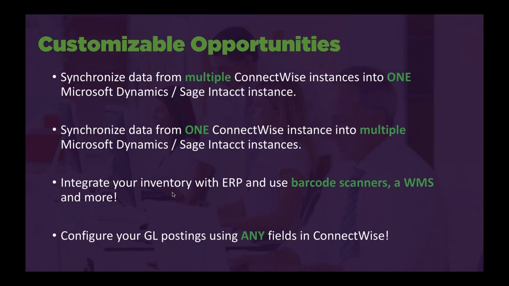And then configure your GL postings using any fields in ConnectWise. It's another big reason we get pulled in, because we have certain companies that want more flexibility than what ConnectWise offers in their GL postings. And we're able to take literally any field in ConnectWise and use that as a means to distinguish what GL accounts you post to.